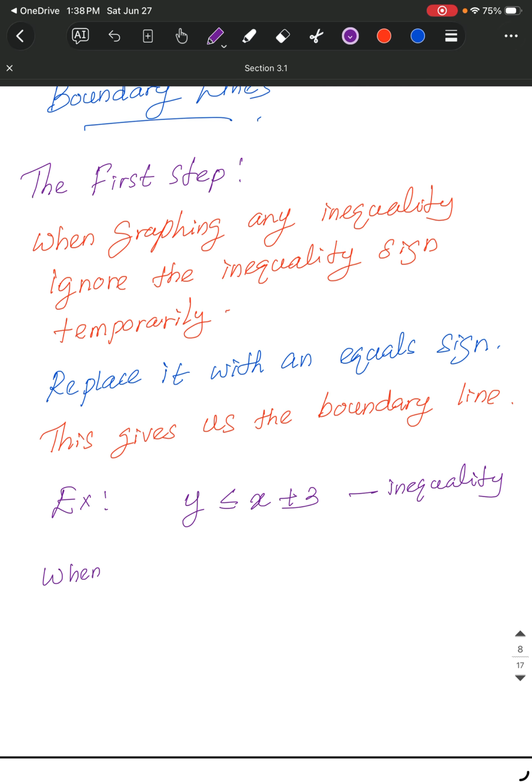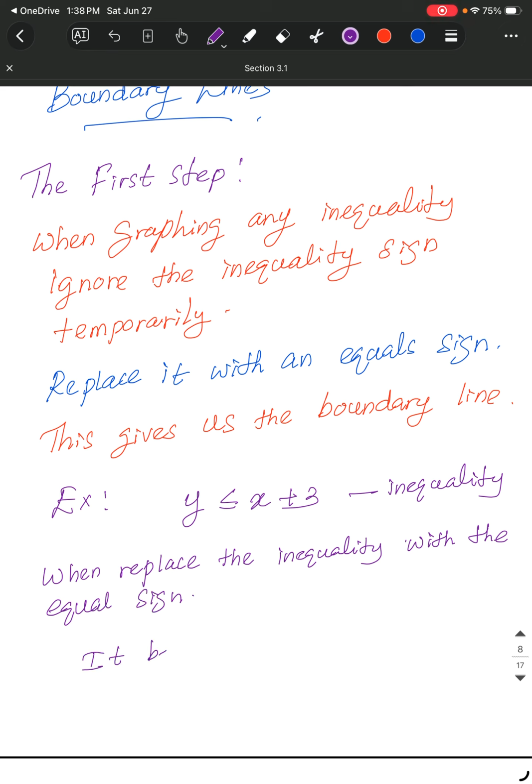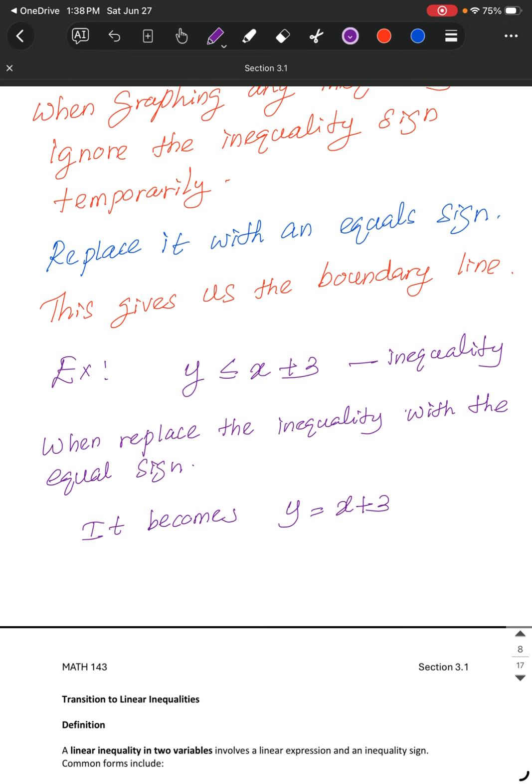So when we replace the inequality with the equal sign, it becomes y equals x plus 3.